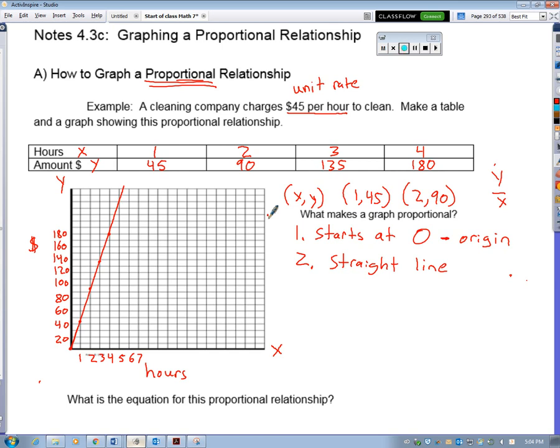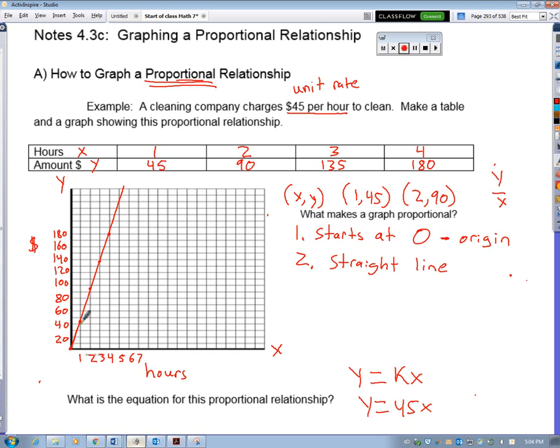And if we wanted to write the equation for this proportional relationship, remember it is y equals k times x. K is going to be the unit rate. We already know the unit rate is 45, so this would be y equals 45 times x. And if you take a look at what is happening in the graph, every hour we're going up by $45.